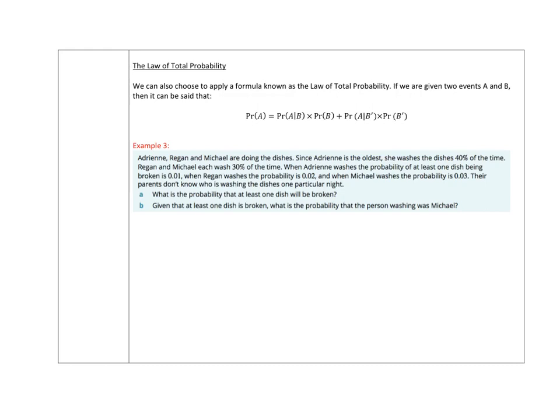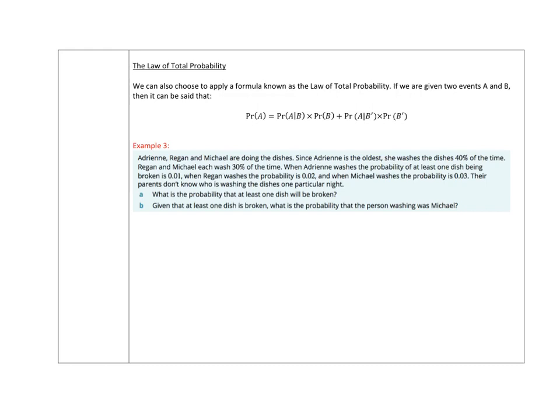Another option for solving these is to utilise the law of total probability. Now this seems a little bit complicated, or like there's a lot of pieces to the puzzle, but there really isn't, and it makes sense. So it says here that the probability of A happening is equal to the probability of A given B times the probability of B, plus the probability of A given B dash times the probability of B dash.